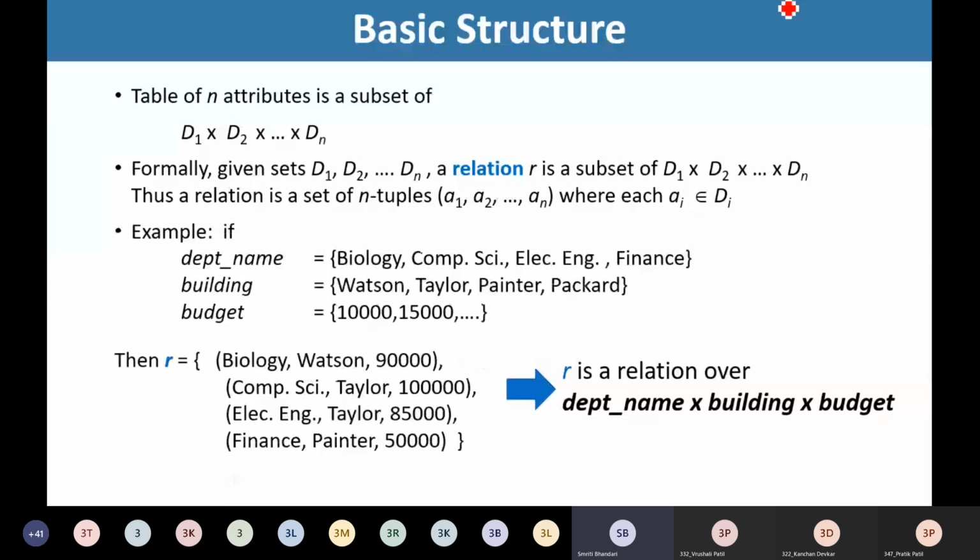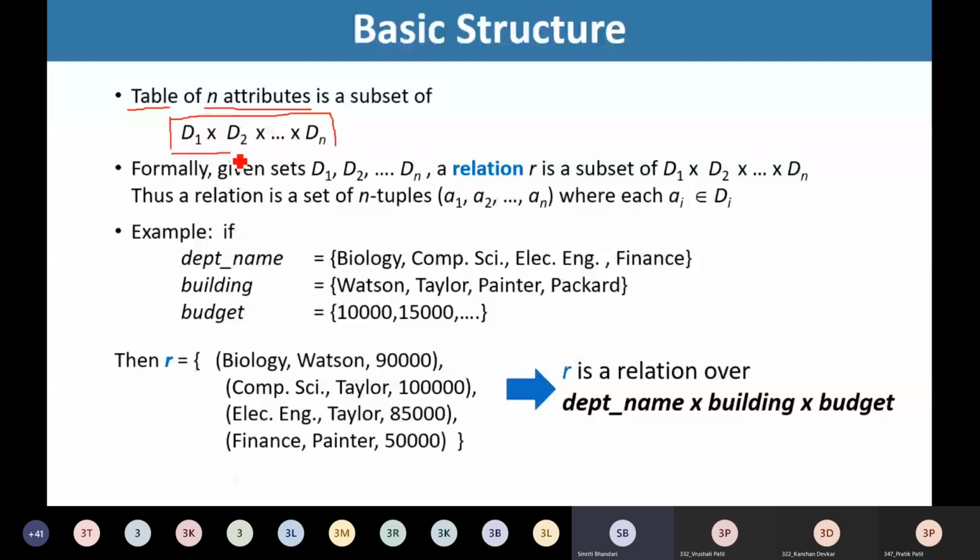Look at more concepts. A table of n attributes is a subset of the Cartesian product of the domains d1, d2 up to dn. I'll repeat. A table having n attributes is a subset of the Cartesian product, or cross product, of the respective n domains.